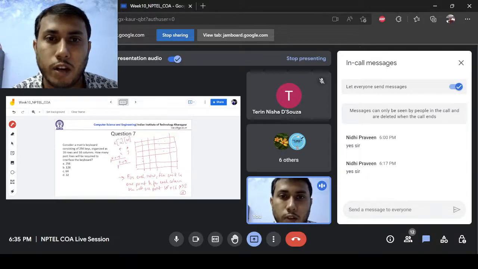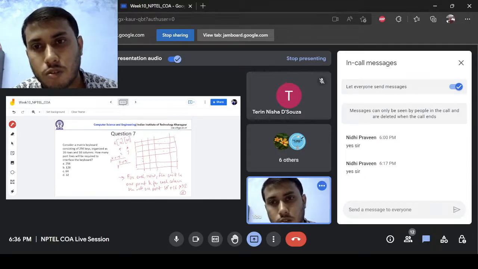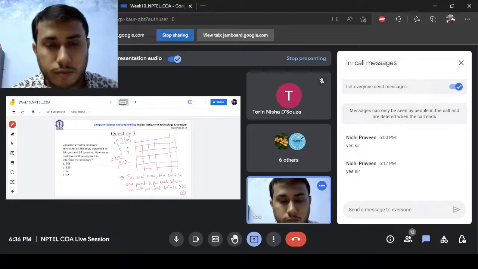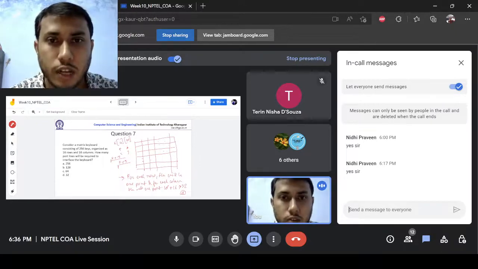And for referencing a particular column, again from 16 values you need to choose. So the total number of ports you will require is 16 plus 16, 32. If you have any doubt regarding this, you can ask.